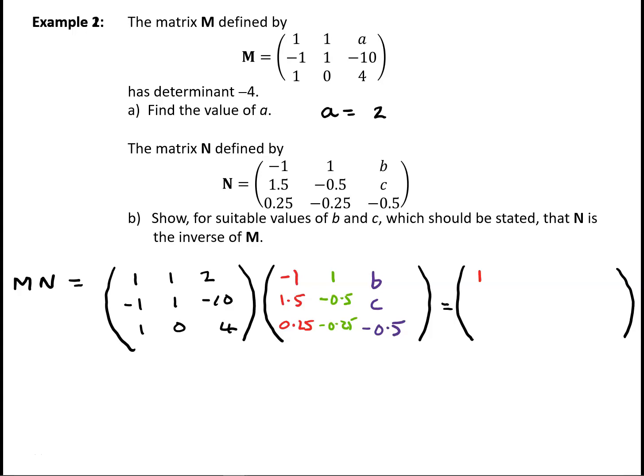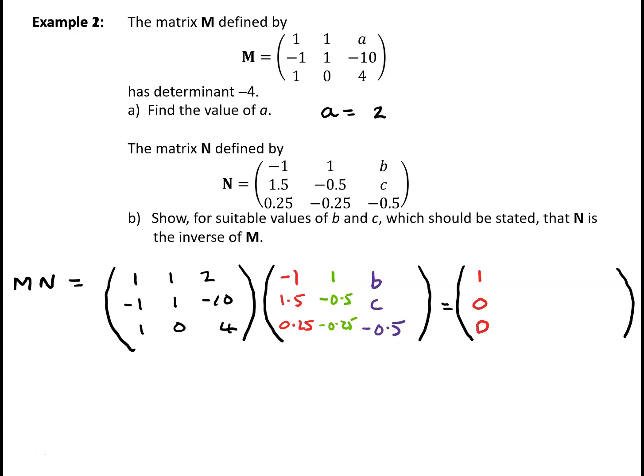The entry underneath is going to be minus 1 times minus 1 plus 1 times 1.5, take away 10 times 0.25, which gives me 0. And the bottom entry in the first column is going to be 1 times minus 1 plus 0 times 1.5 plus 4 times 0.25, which gives me 0 again.